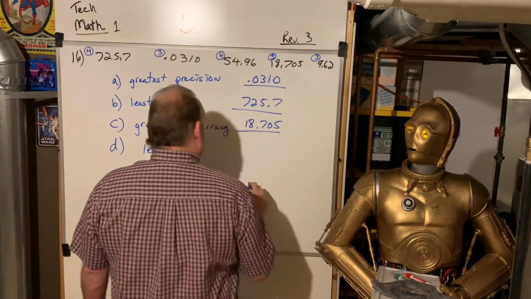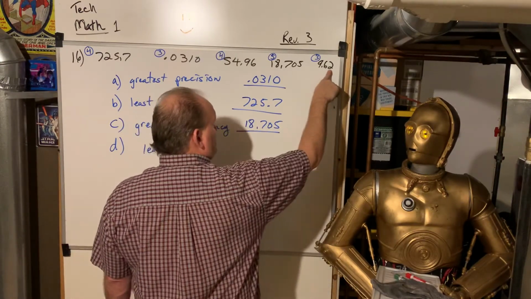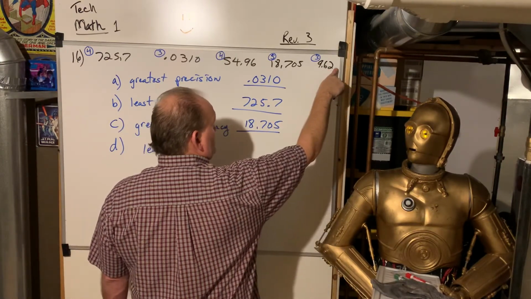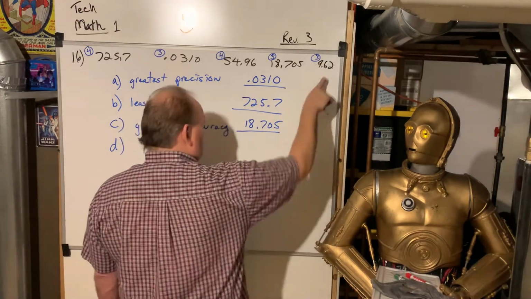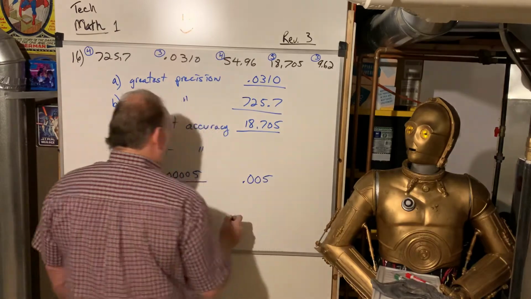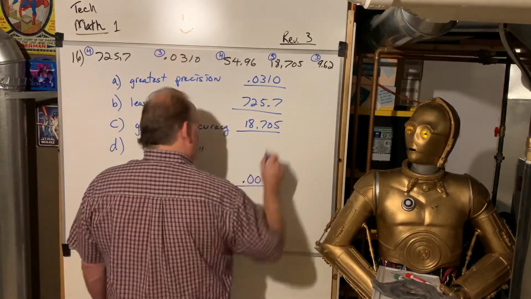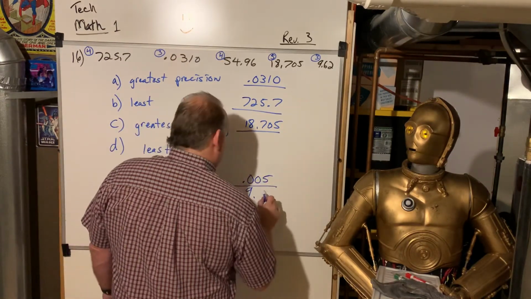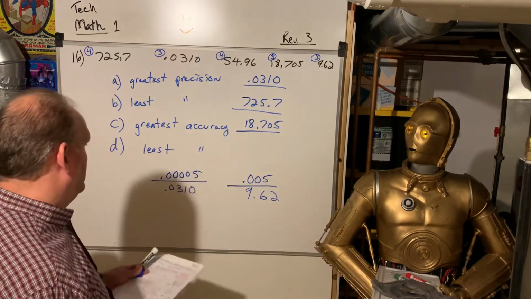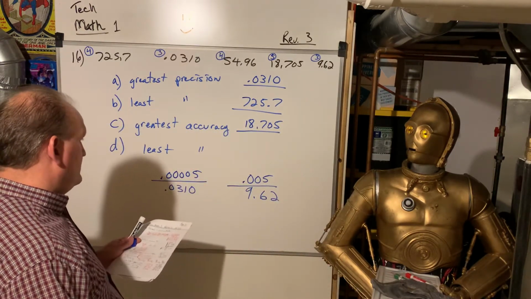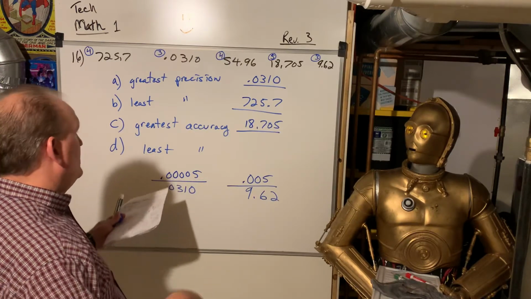And same with this one. We got 2 places, so that's 0.00, and then you throw a 5. 0, 0, so to the hundredths place, and then throw a 5 out into the thousandths place, and then divide it by the original. And now the one with the lower number is the more accurate.